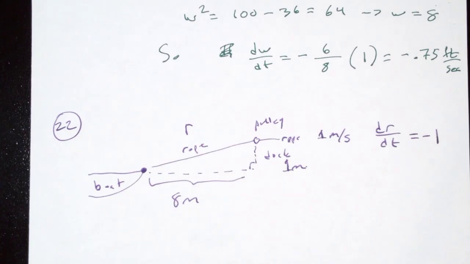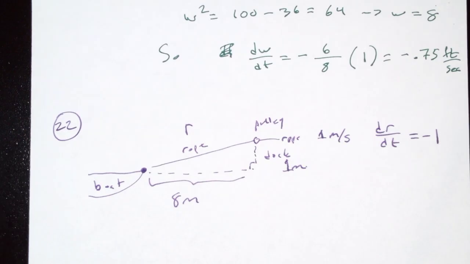What else is changing? We don't know how fast the boat is going, do we? But that might be something I'm interested in figuring out, right? What are the units of the boat's speed? It'd be meters per second. I'm measuring stuff in meters. Speed would be meters per second.